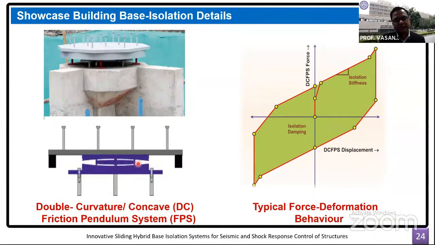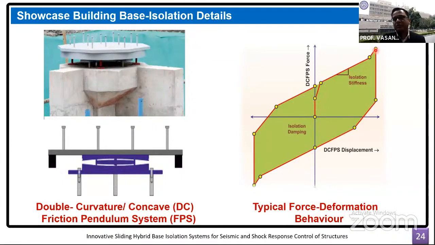Depending on what the friction is, what the curvature is, whether it is a variable curvature or a variable friction, the force deformation loop will significantly change. This is a representative force deformation loop, not necessarily for this kind of isolation system. It can be a double concave or double curvature isolation system with variable curvature or variable friction.